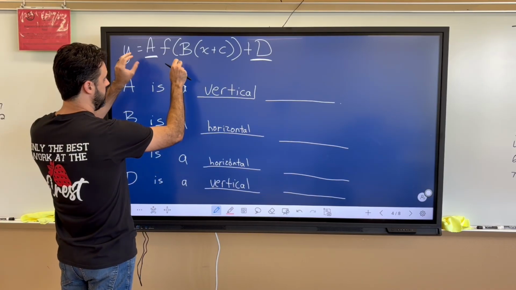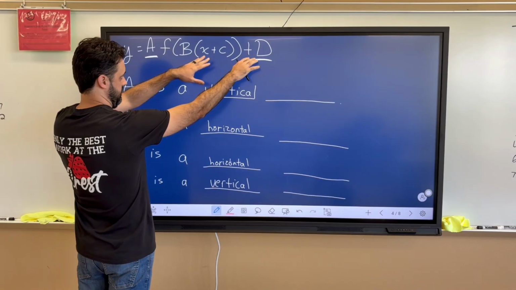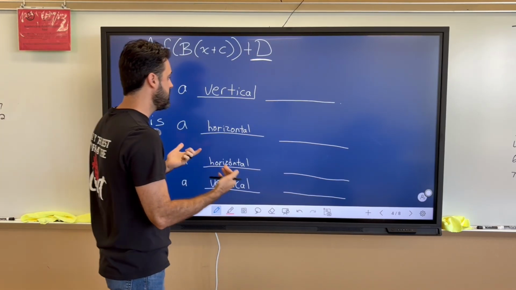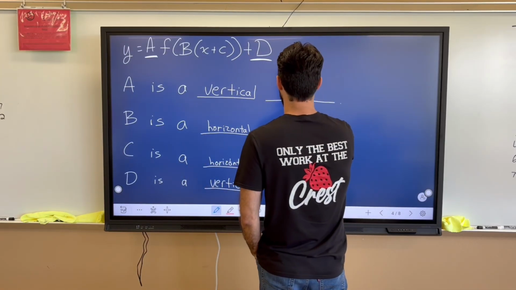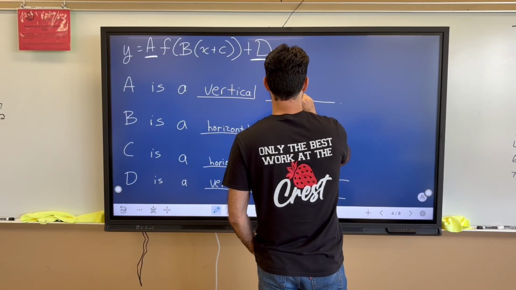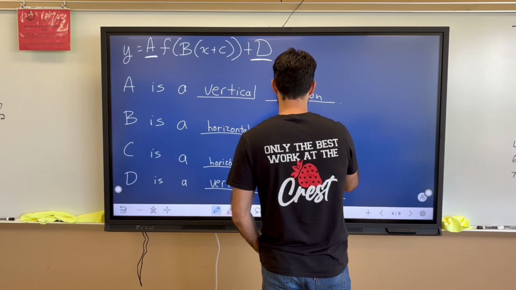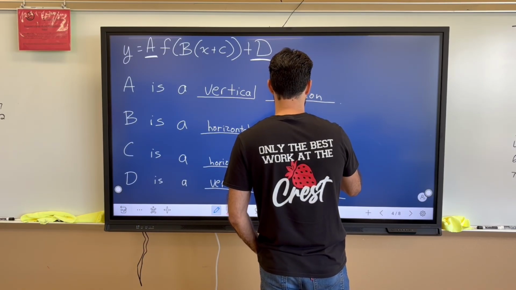Then we have two that multiply and two that add. The two transformations that multiply make the function either bigger or smaller, so we refer to those as dilations. So a is a vertical dilation and b is a horizontal dilation.